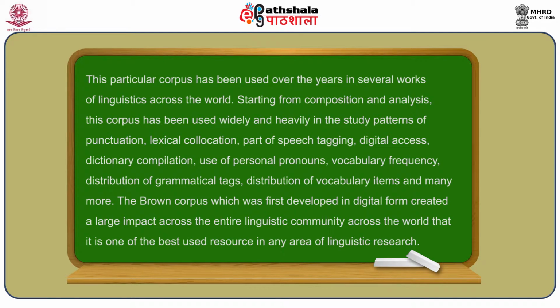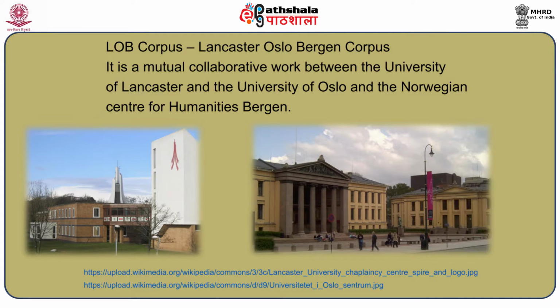The second one is the LOB Corpus. LOB is actually the Lancaster-Oslo-Bergen Corpus. This is a mutual collaborative work between the University of Lancaster, the University of Oslo, and the Norwegian Center for Humanities, Bergen.